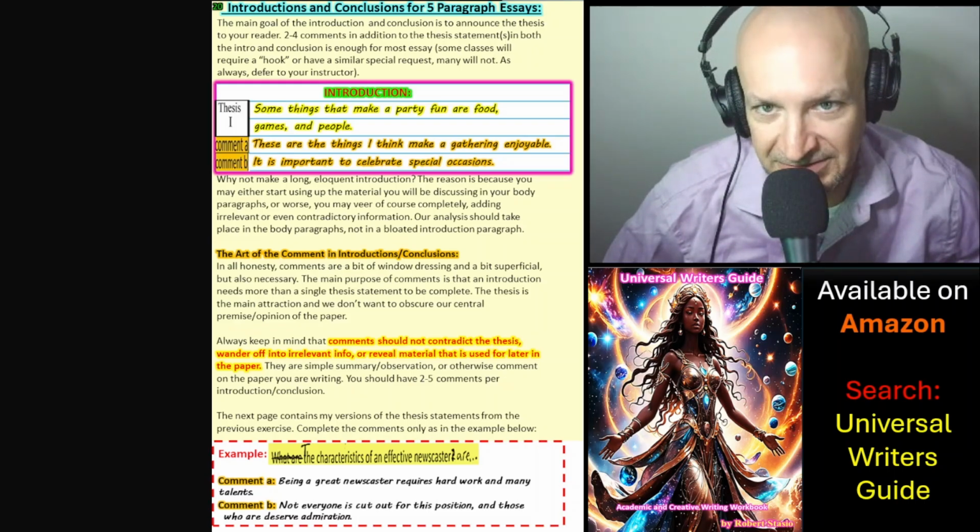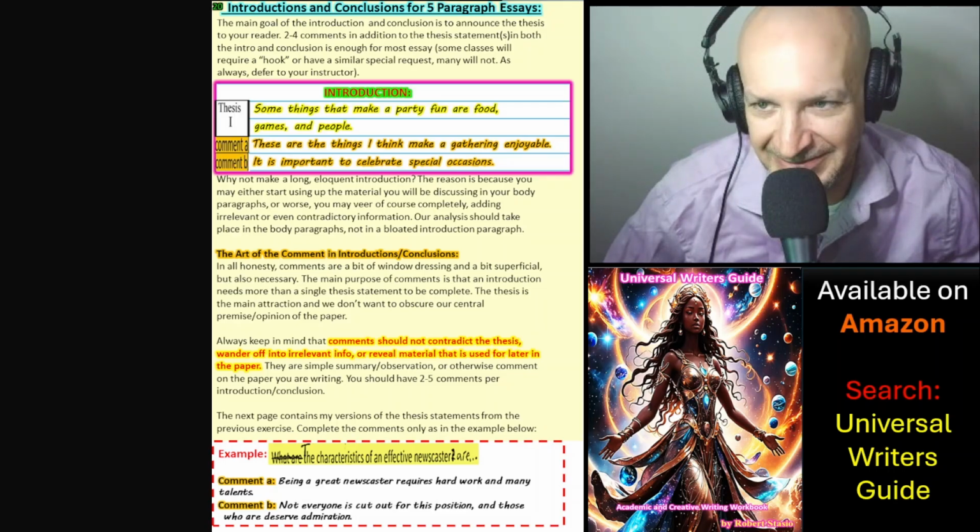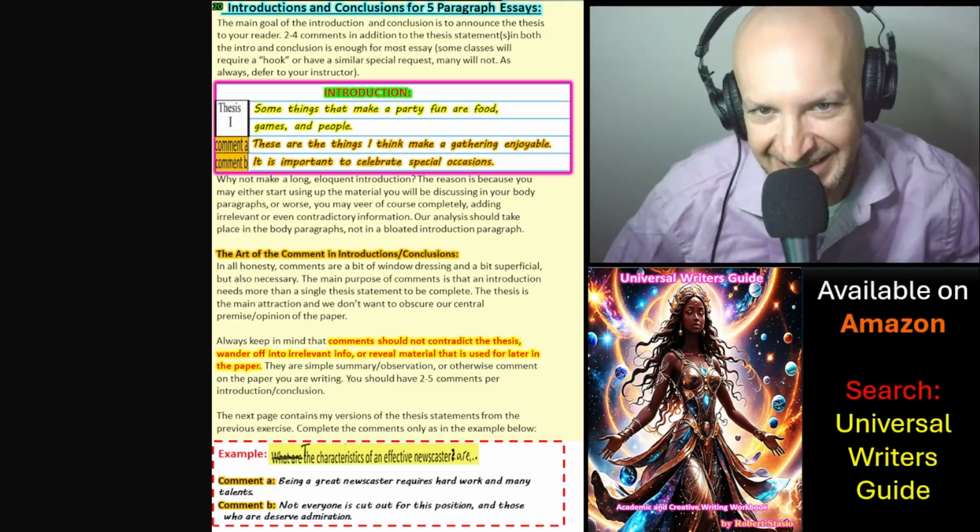Some classes will require a hook or a similar special request. I'm not a fan of hooks. They just cause confusion for the reader or for the writers most times, and I don't know. If I had to do a hook, I would purposely make it corny.